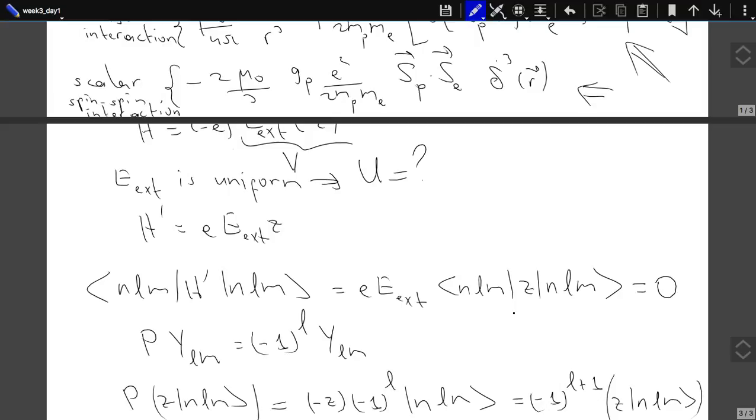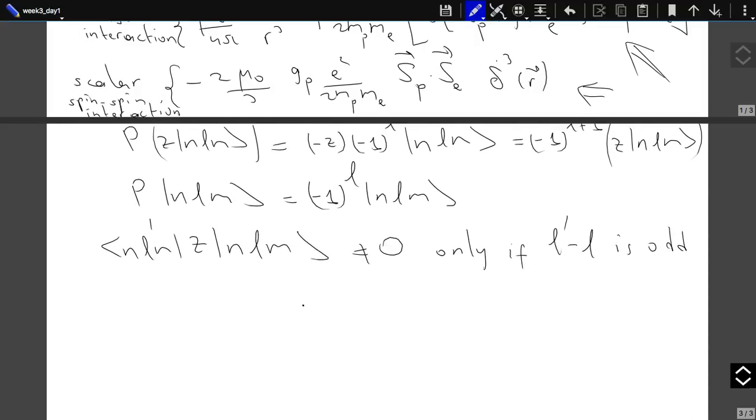You are all wrong. Remember, we are doing degenerate perturbation theory. So in degenerate perturbation theory, we have to make sure that the perturbation we are adding does not mix states. Its matrix element between different degenerate states should be 0. Let's look at this expression over here. If n is the same in both states, then they are degenerate, right?